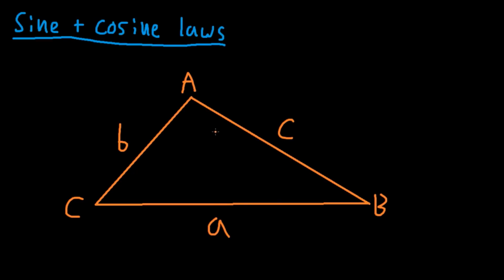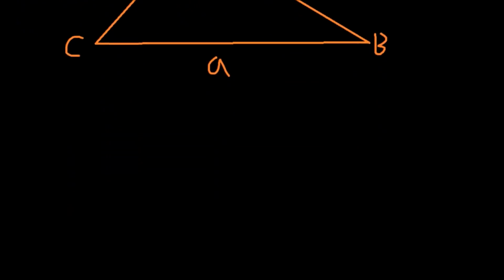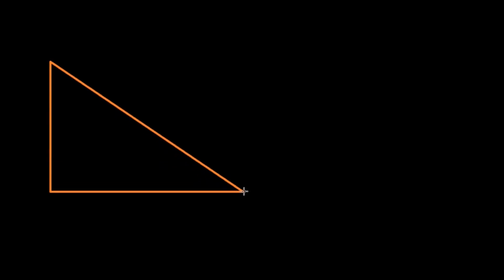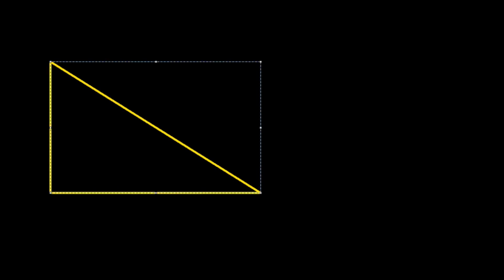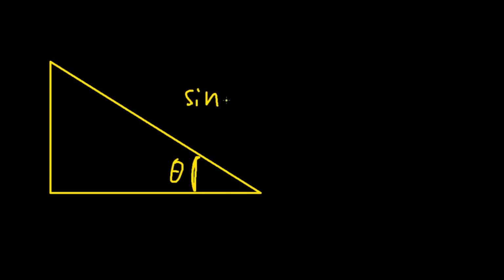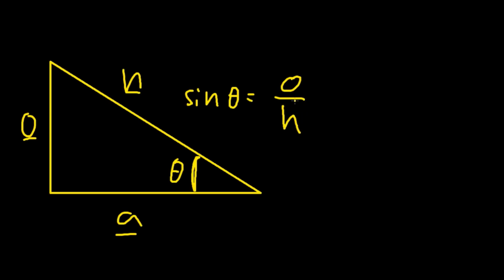Now before we can delve into the sine and cosine laws, we need to first cover what exactly is meant by sine and cosine. When I draw a right angle triangle, the sine of this angle down here, let's call it theta, the sine of theta is going to equal this opposite side divided by the length of the hypotenuse.